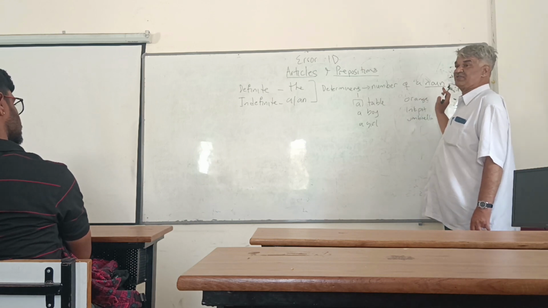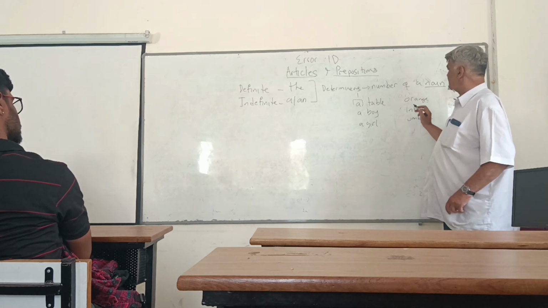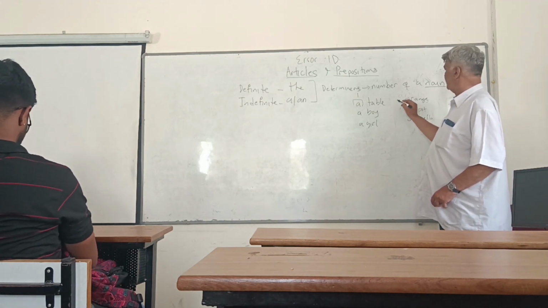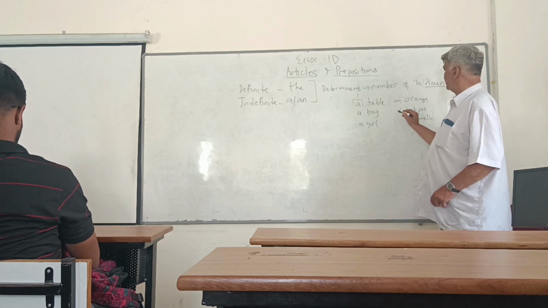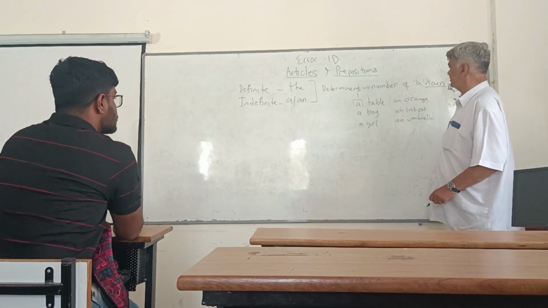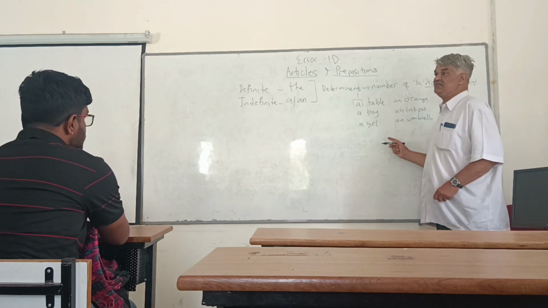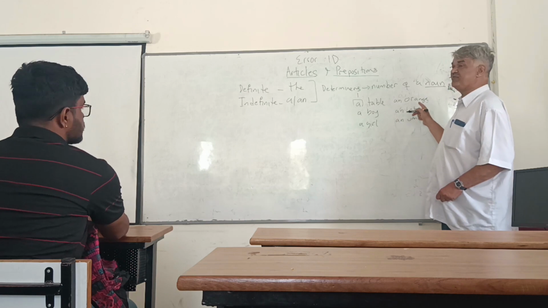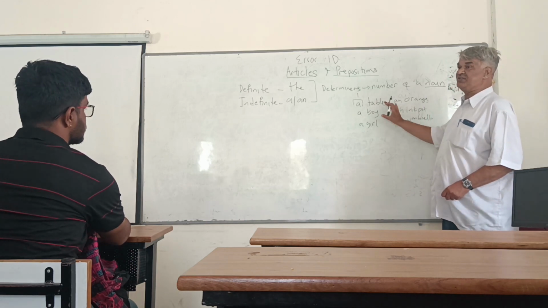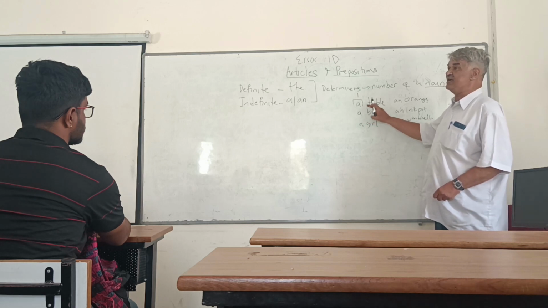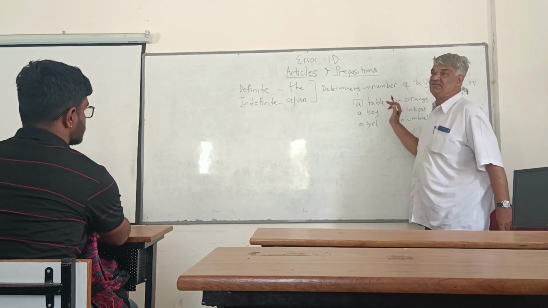If it's orange, we say an. If it's ink pot, also an. If it's umbrella, we say an. Now, you notice that we're using a before some words and an before others. So when do we use a and when do we use an?